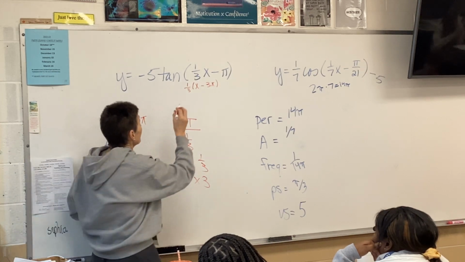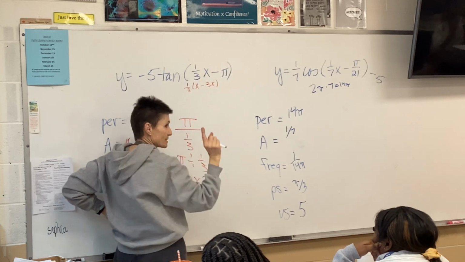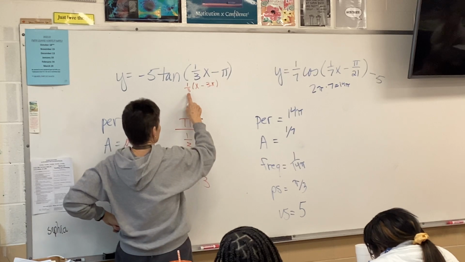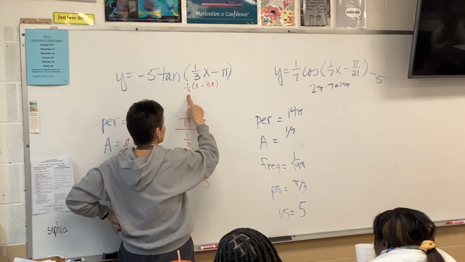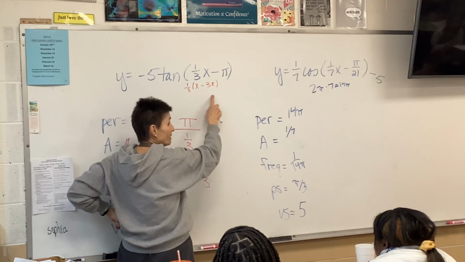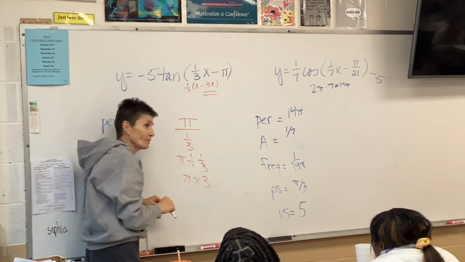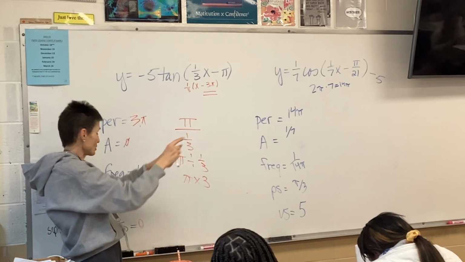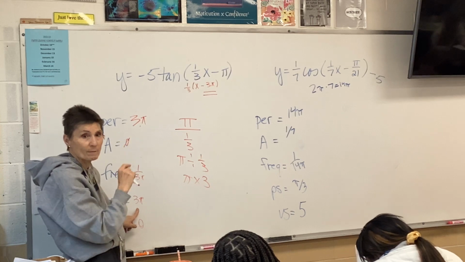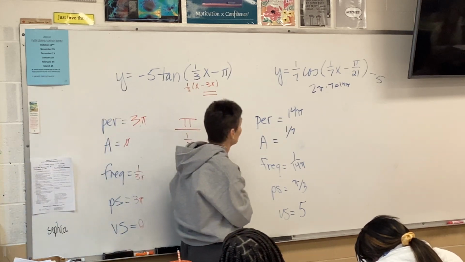Now, she factored out her 1/3, which is exactly what she needs to do if she's going to graph it especially. When she factors that out, factoring out the 1/3, does this look right? Yes. So what does that tell her? Her phase shift is 3 pi to the right, positive 3 pi. Nicely done.